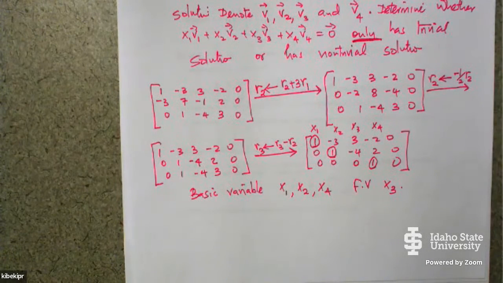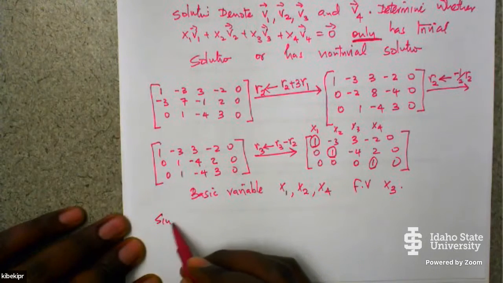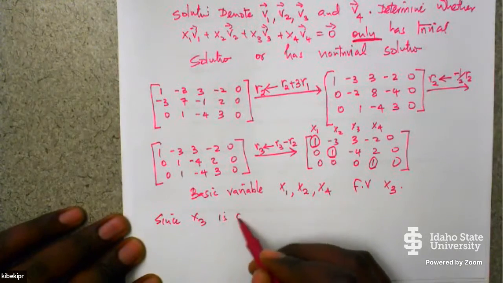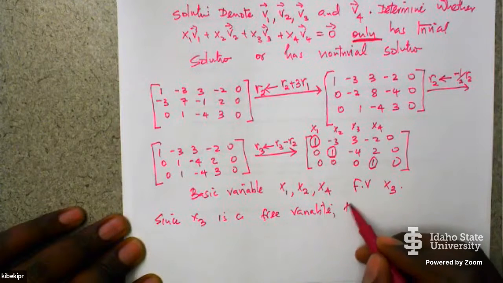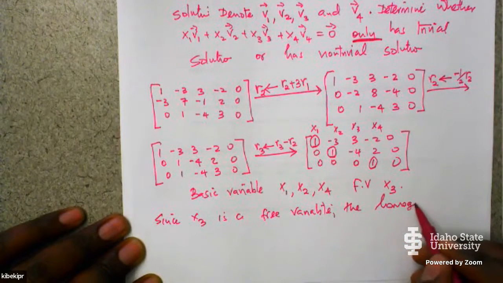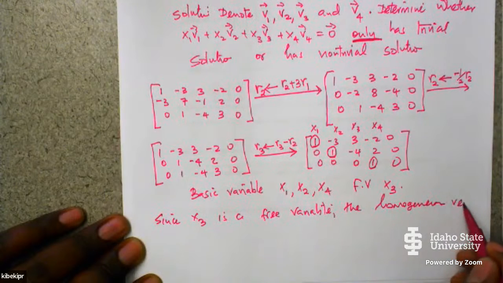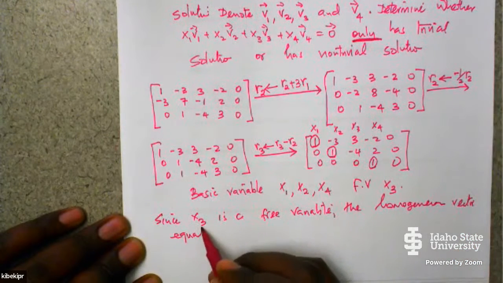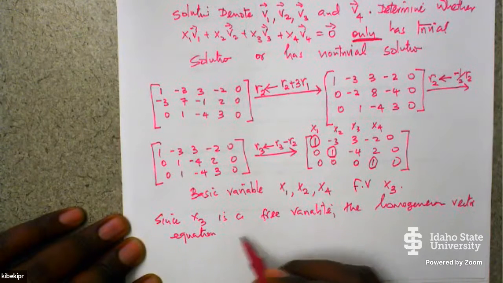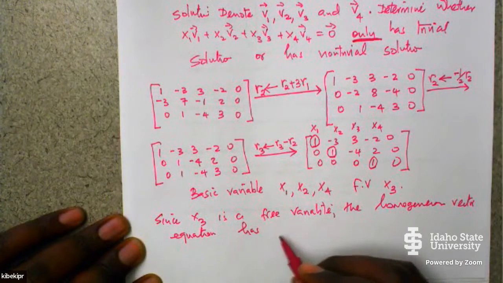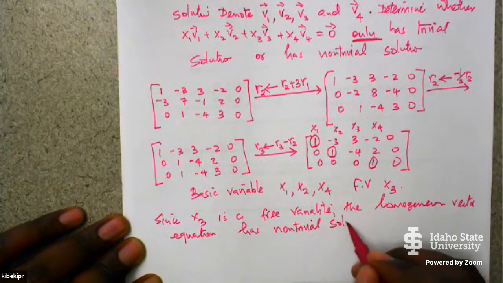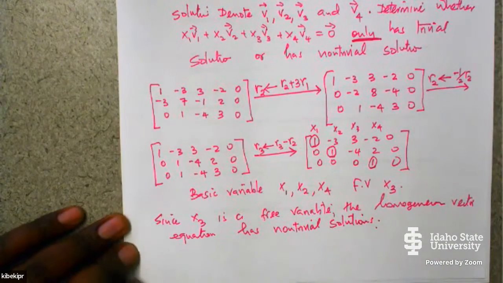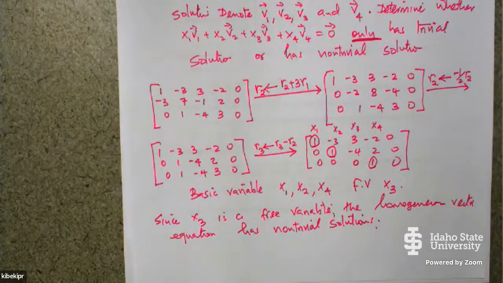So it is linearly dependent. So we can say, since x3 is a free variable, the homogeneous vector equation has non-trivial solutions. So we have non-trivial solutions.